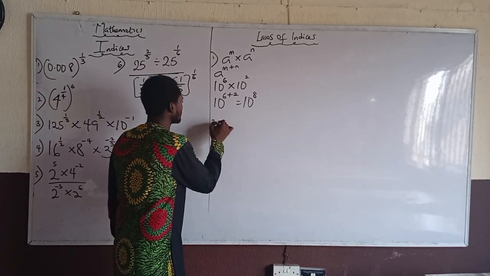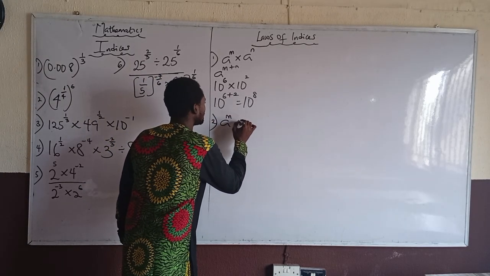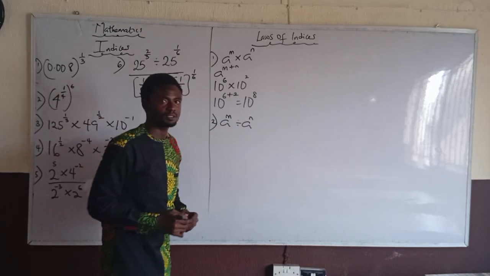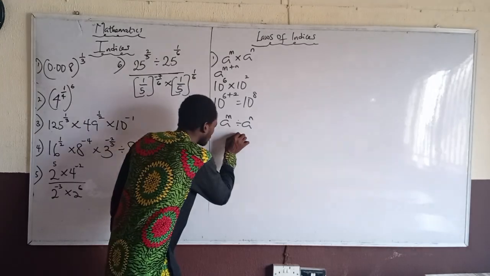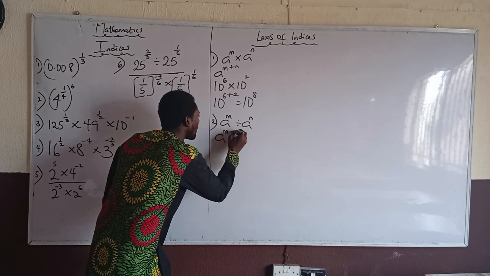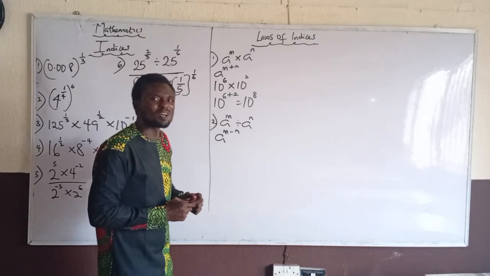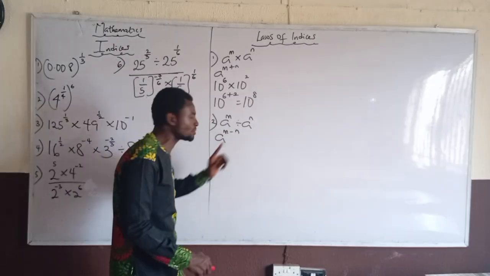The second law of indices: A raised to power m divided by A raised to power n. When you have the same base and you have division between them, you pick one and subtract the powers, which means that multiplication is to addition as division is to subtraction.